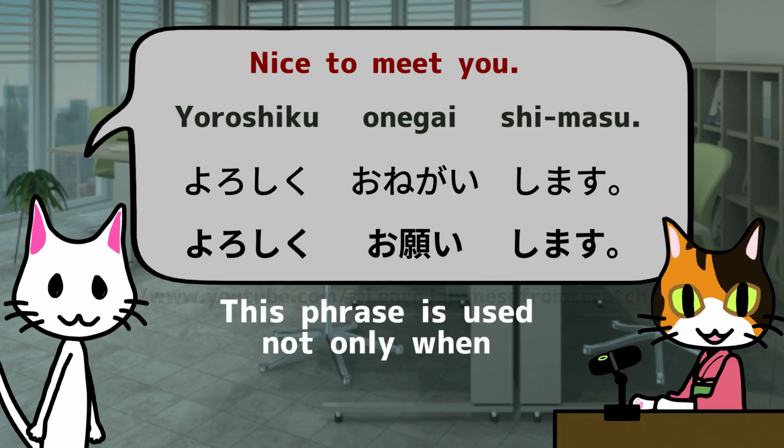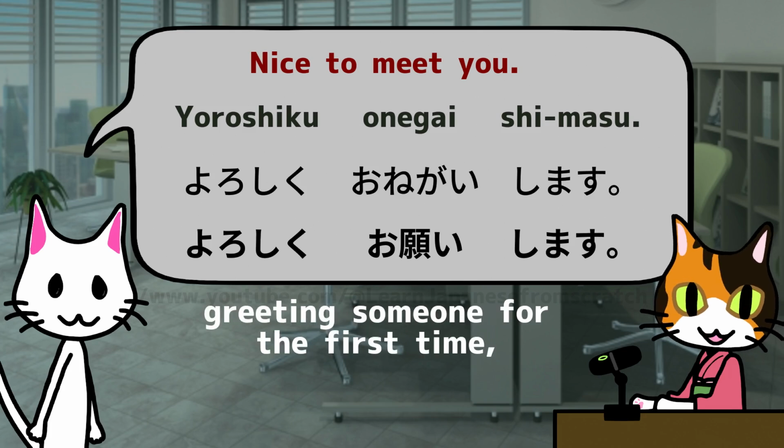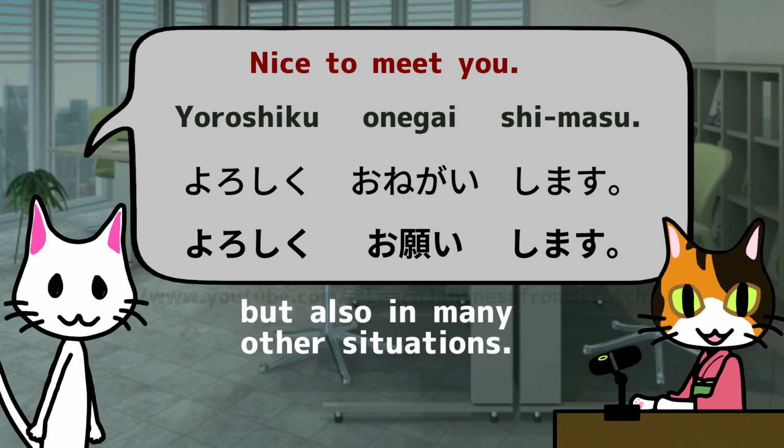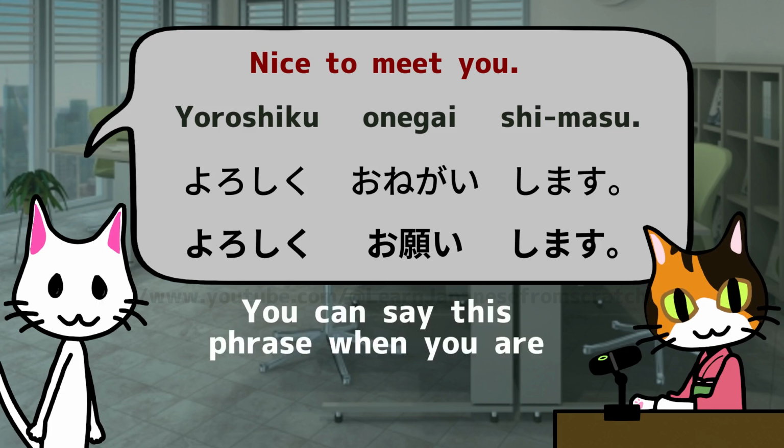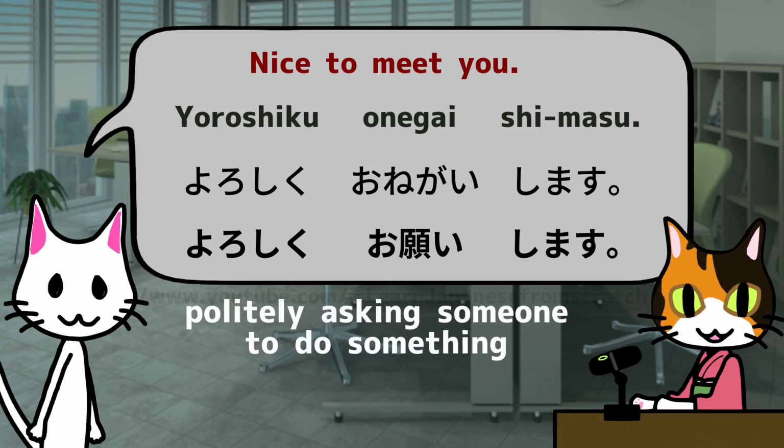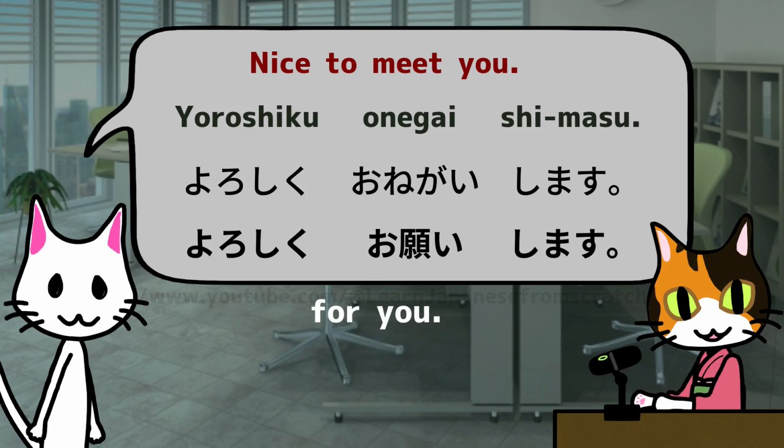This phrase is used not only when greeting someone for the first time, but also in many other situations. You can say this phrase when you are politely asking someone to do something for you.